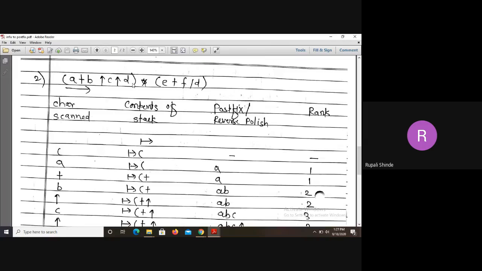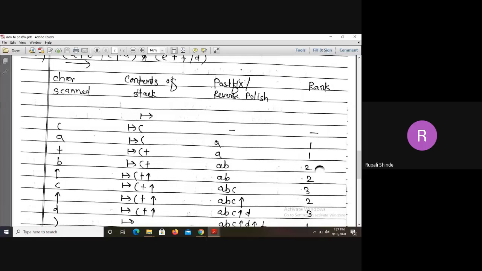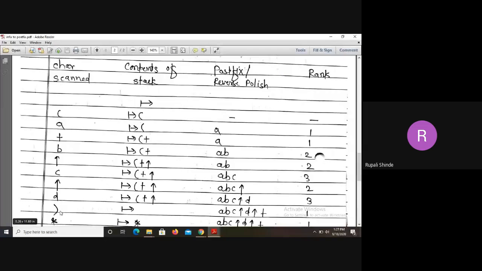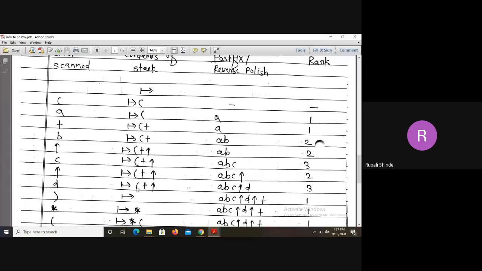Now the next one is the closing bracket. There is one important rule for the closing bracket. Whenever a closing bracket is encountered, whatever is in between the opening bracket and the closing bracket, we have to pop out. Now check, this is the opening bracket and this is the closing bracket.